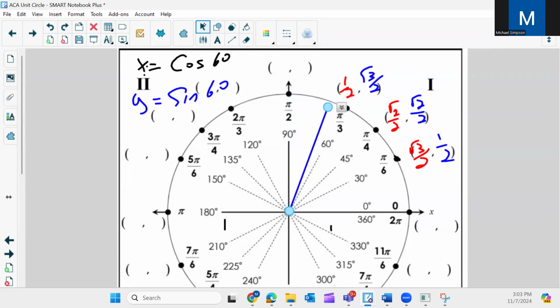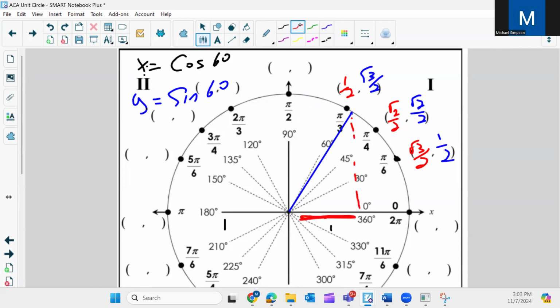As we go around the circle, if you draw a triangle, this distance right here keeps on shrinking, shrinking, shrinking as you approach 90 degrees.